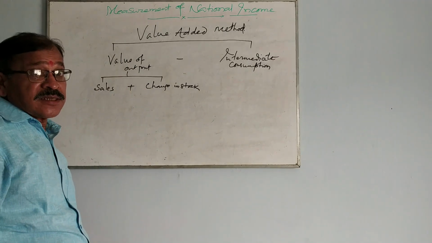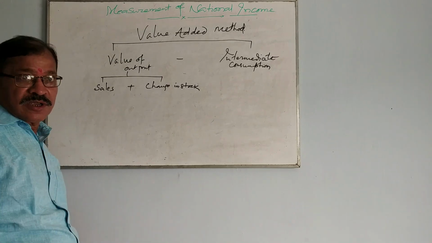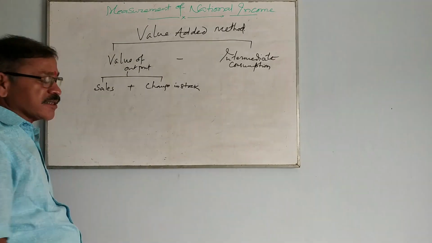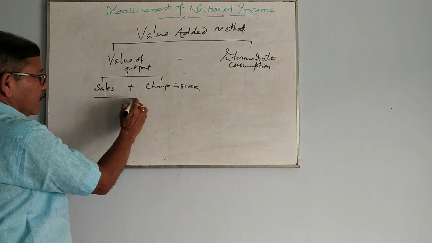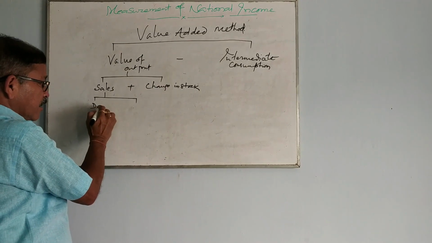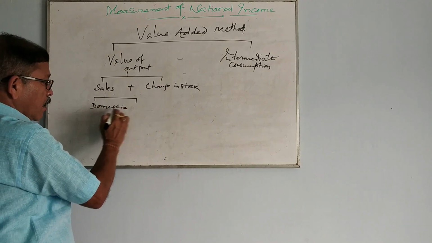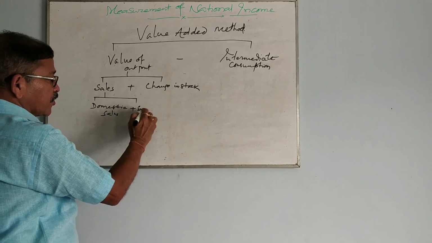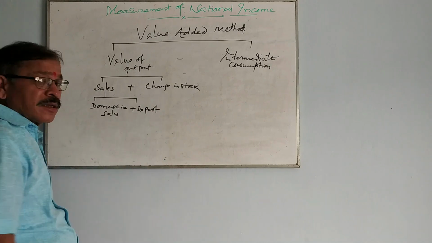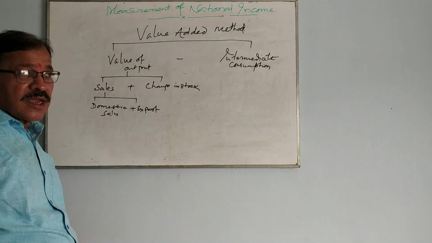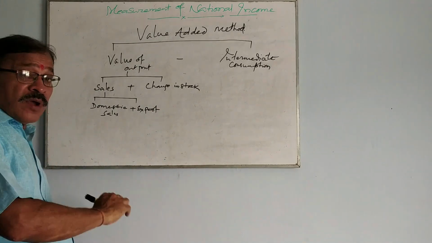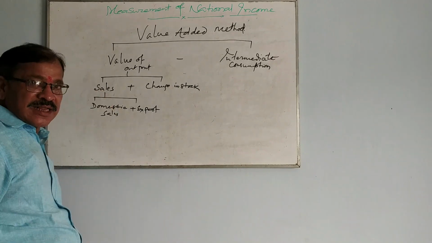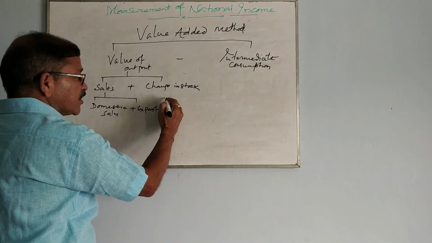In other cases, sales is also not given. So how to find out sales? So you have to see domestic sales plus export. Okay? Domestic sales and exports. If you add, you will get sales. Suppose change in stock is not given.